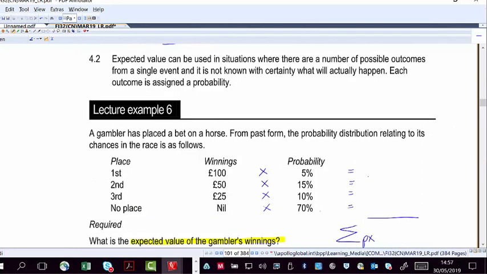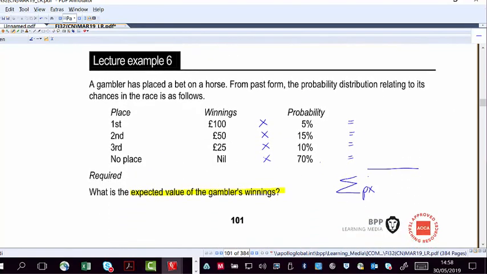Okay, so we can use the formula if you wish, or once you get used to it, it's a relatively straightforward calculation. So if we do 100 times 5%, so again remember that 5% would be put through your calculator as 0.05. If we go 100 times 0.05, we get 5 in total.